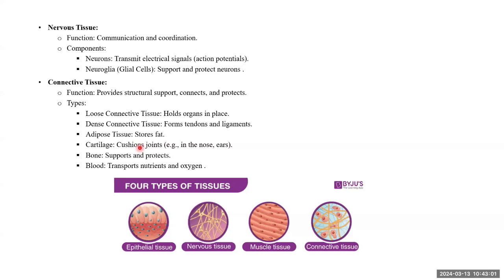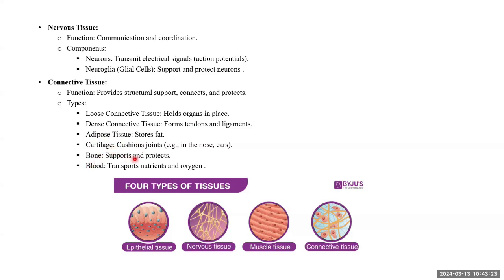What happens in old age is this cartilage starts degenerating and the bones start rubbing with each other, and that condition is called osteoarthritis, and it is a degenerative disease. It is very painful and very debilitating. So this is the importance of cartilage in the joints.